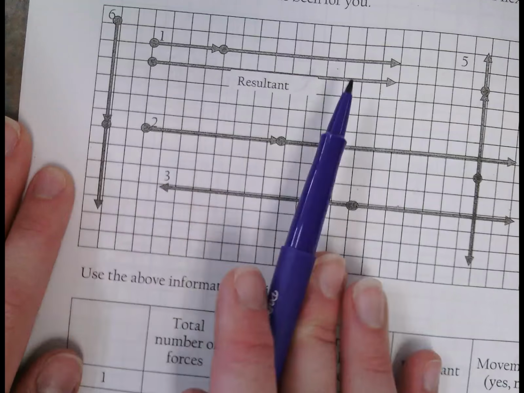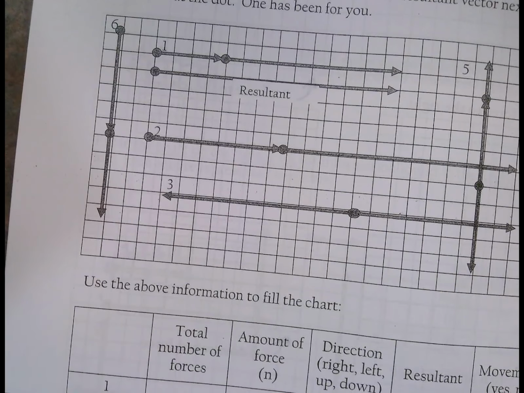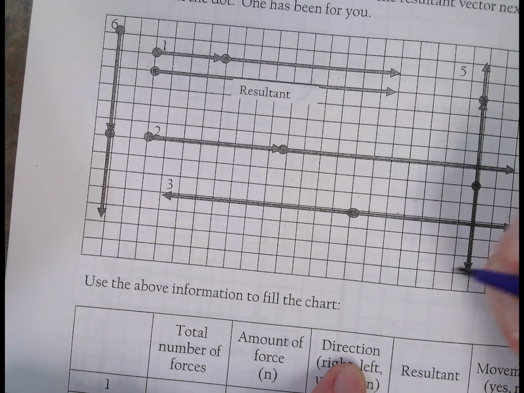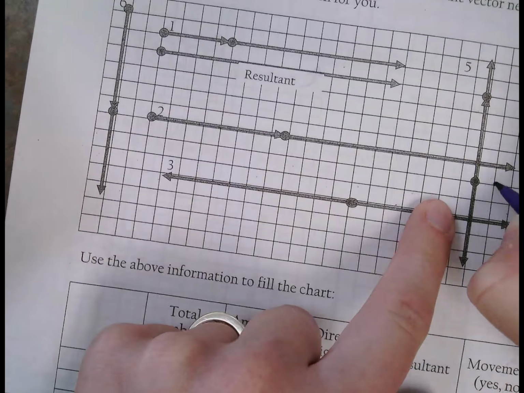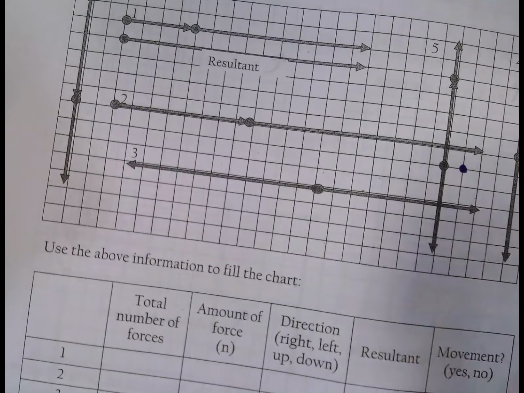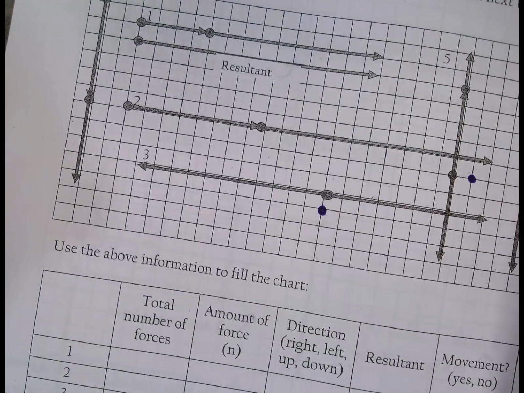So the resultant is here. Whenever you start your resultants, let me look at my answer key. Let's see, I'll draw this one. Where do I want to draw this one? Considering this, there's going to be a resultant that starts there. There's going to be a resultant that starts here. And again, just assume that these are actually at the intersection.